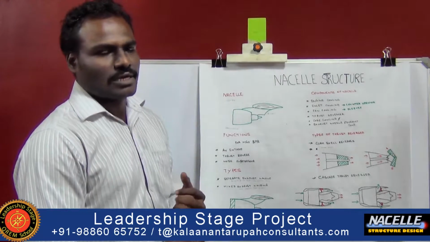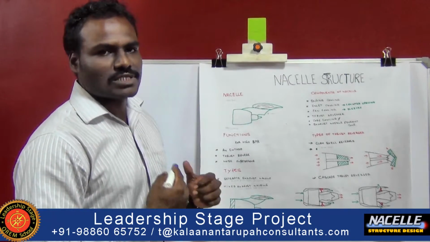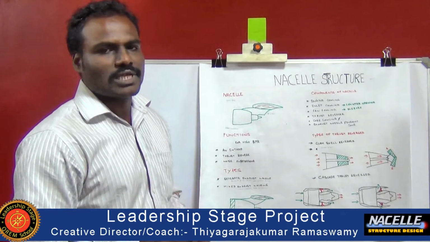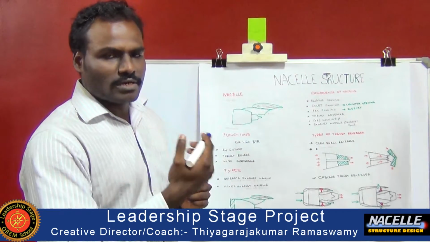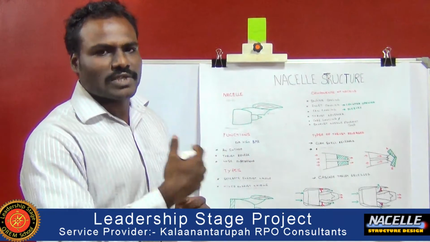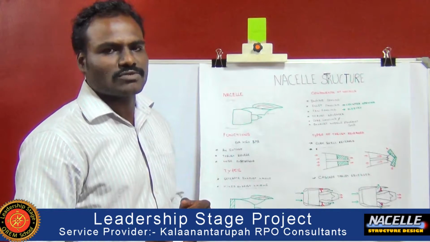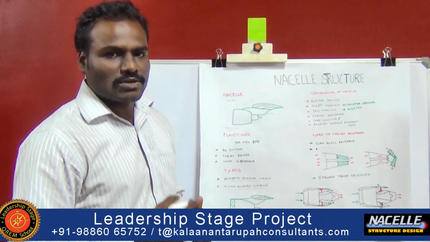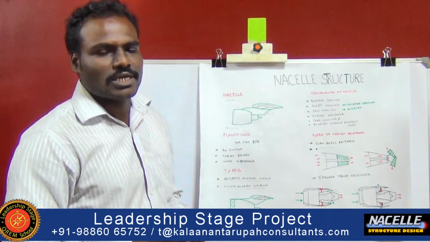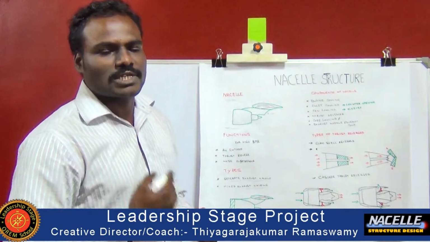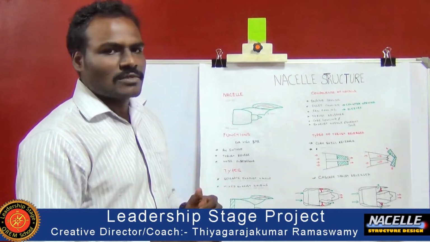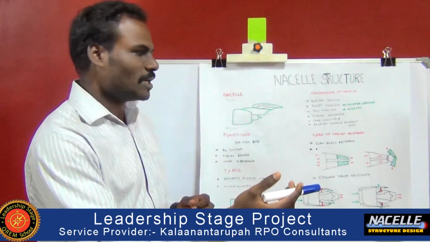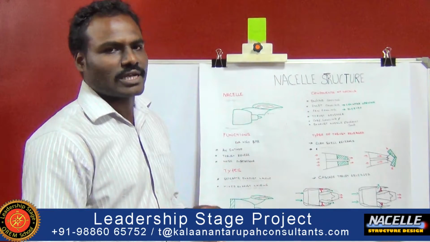nacelle structure. Bypass ratio means that of the air which is being sucked in from the atmosphere, only 30 or 40% is subjected into the engine, and the combustion process takes place with respect to that air. This is then subjected to exhaust, and only the exhaust provides the thrust which propels the aircraft in the forward direction.